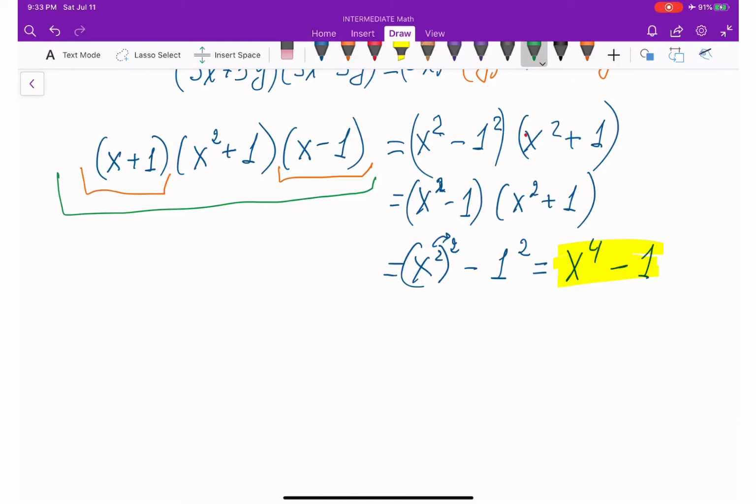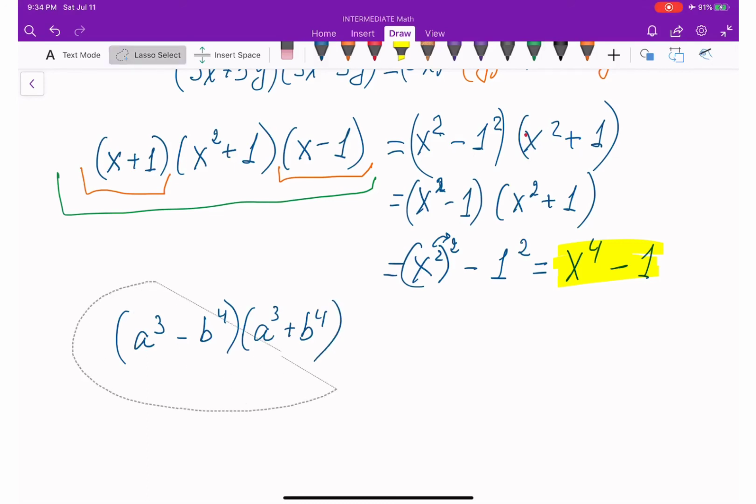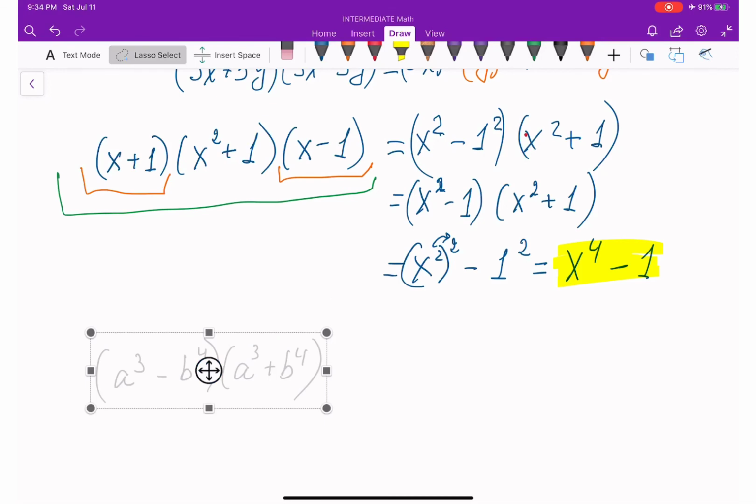Another one, advanced case if you are interested. A cubed minus b to power 4, and then another a cubed plus b to power 4. Okay? So how much is it going to be equal to?